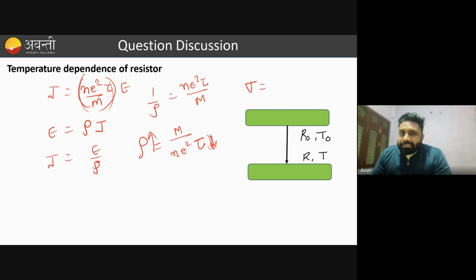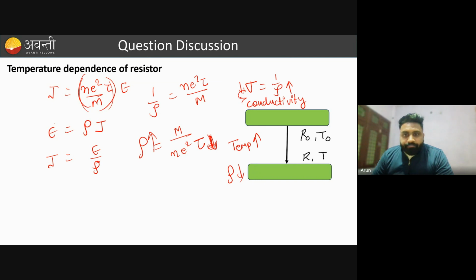One more formula: sigma, which is 1 upon rho, is the conductivity. So if resistivity increases, conductivity decreases. Got it?